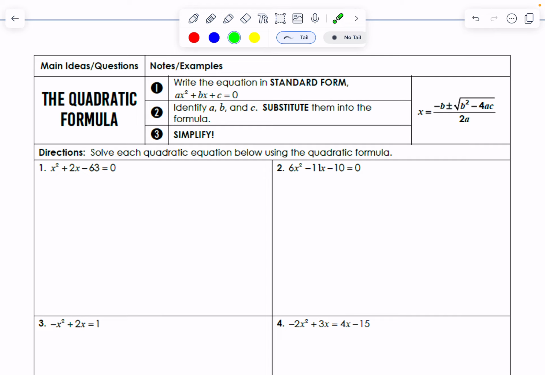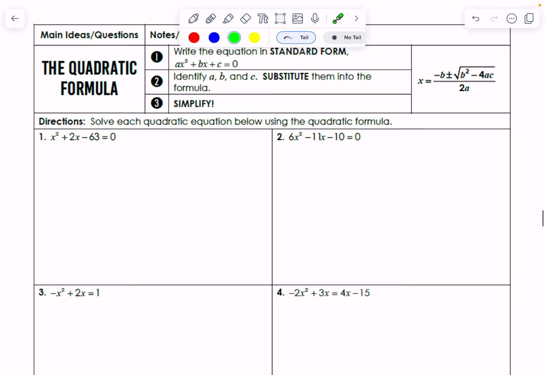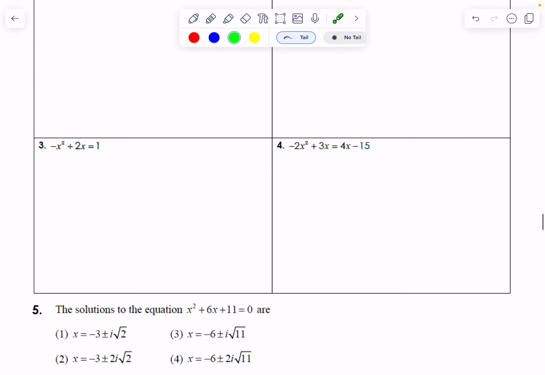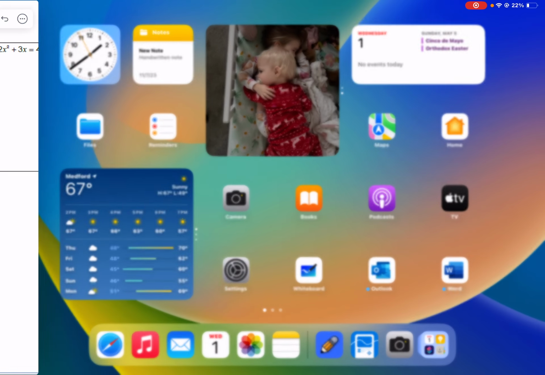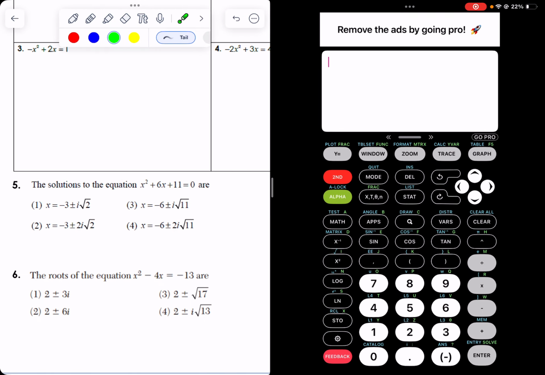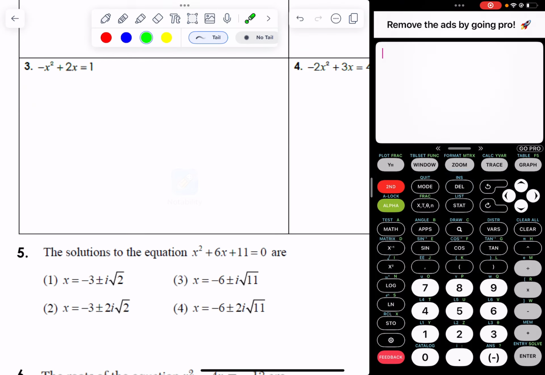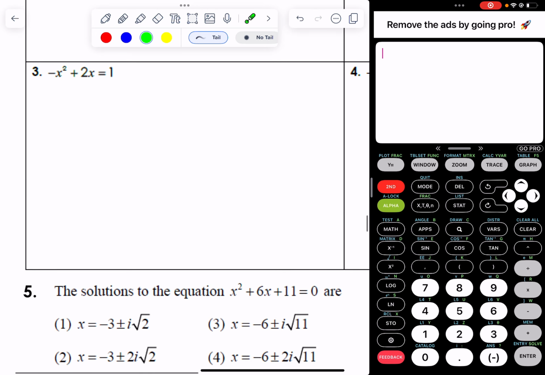So I actually want to look at number 3 with you guys. Let me open up my calculator so I have it. Okay, now at number 3, it said that the first step is get it into standard form and set equal to 0.